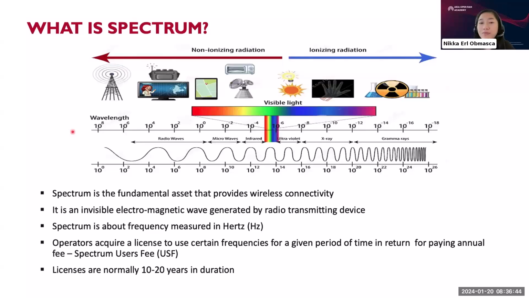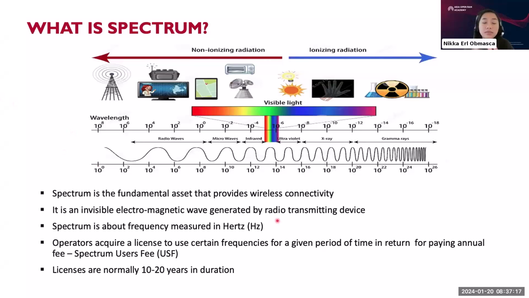Just imagine if we didn't have that spectrum. It would be a very chaotic environment for all of us, with interference between products. These radio waves carry information invisibly through the air, connecting devices, allowing us to watch videos, make calls, and stay connected, like an invisible magic highway for information. So yeah, that's it.